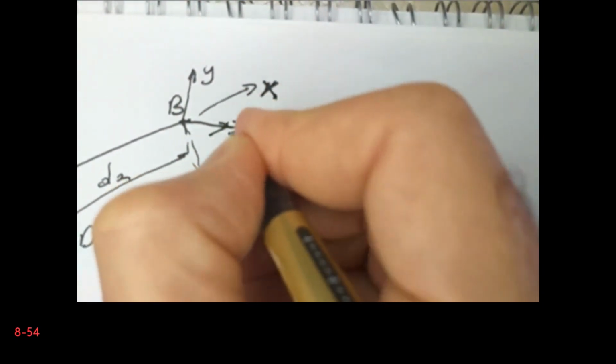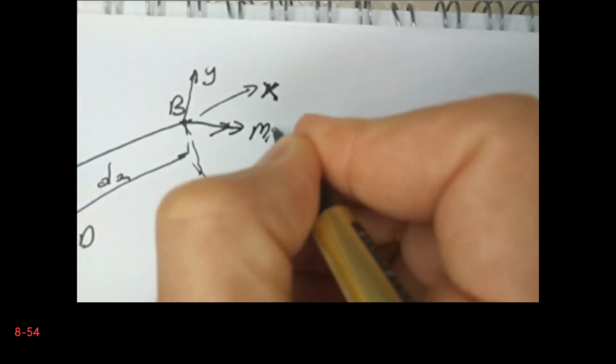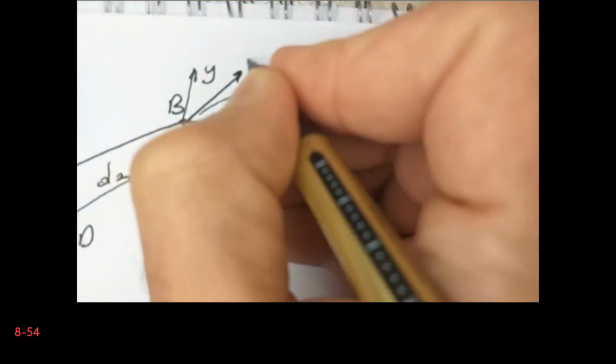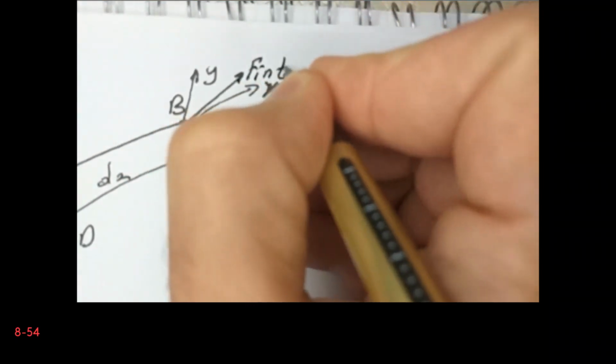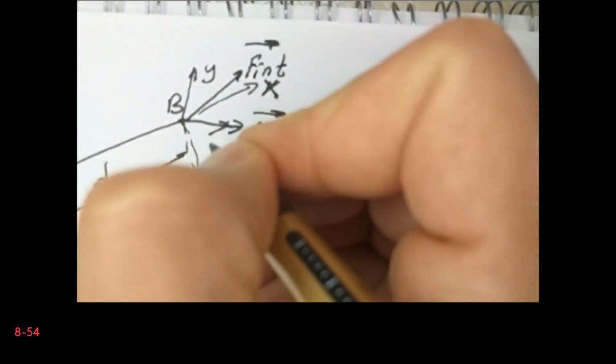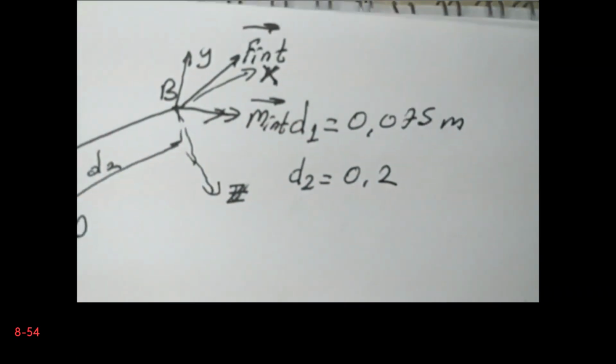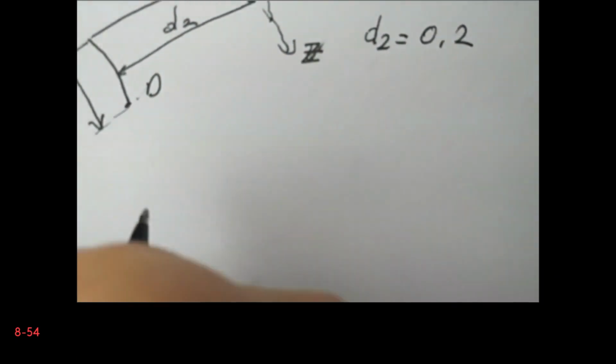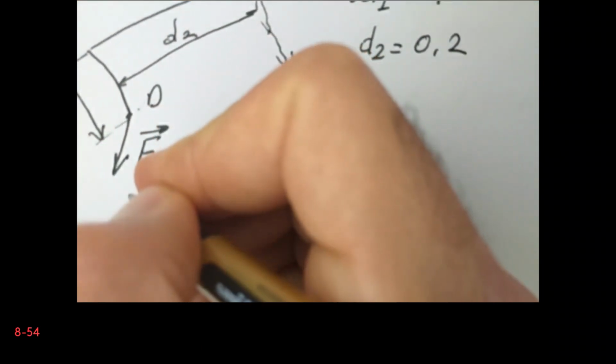Now we have the internal moments acting at the cut and internal force. And certainly we have an F at the free end.